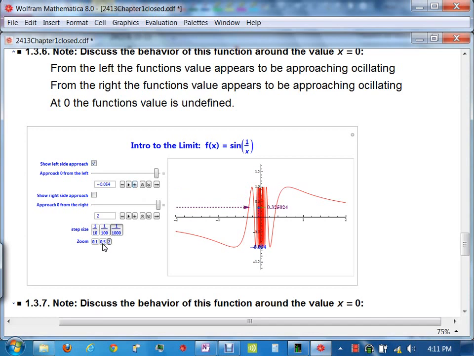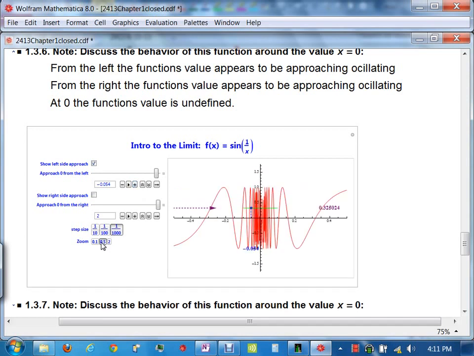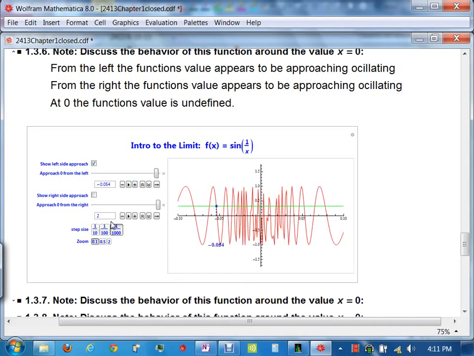And actually, let me zoom in a little bit so you can really see in here. It's just chaos in there because all I'm doing is oscillating. And see how it's starting to look real jagged? That's just the limitations of the computer itself, okay? That's not because the graph becomes jagged. What's happening is this is oscillating infinitely many times as you get closer to 0.